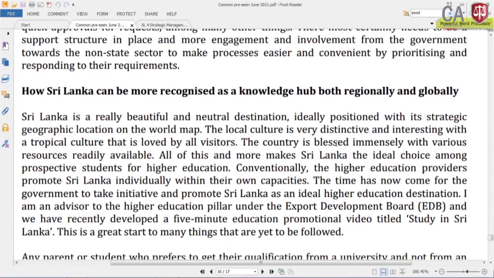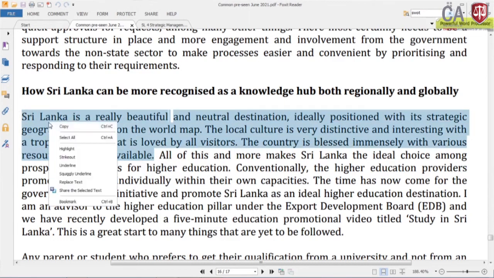The local culture is very distinctive and interesting, with a tropical culture that is loved by all visitors. The country is blessed immensely with varied resources readily available. All of this and more make Sri Lanka the ideal choice among prospective students for higher education.